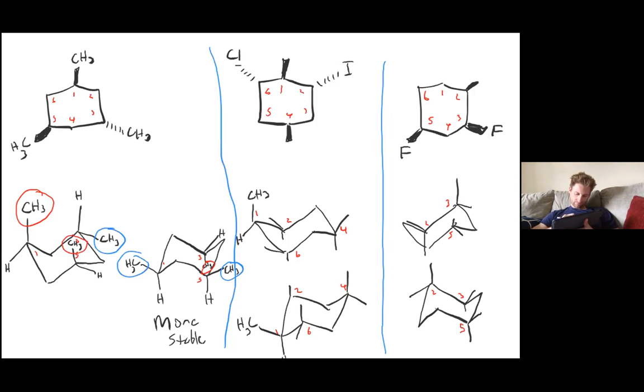Oh man, we're out of space down the bottom for an H. Position 2, we've got an I and a dash, so it should be going down. Position 4, we have another CH3. It's on a wedge, so it should be going up. And then position 6, we have a Cl. It's on a dash, so it should be going down.